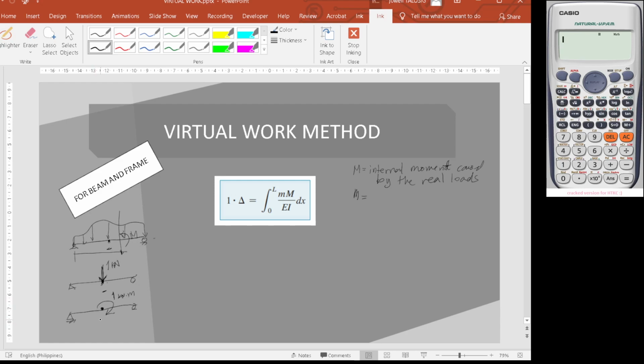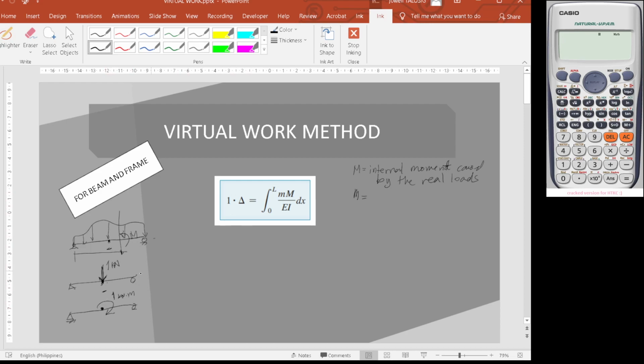And if you're going to solve for rotation, you need to apply a virtual unit moment, not a virtual load. So we have two loads here: vertical load for deflection, and moment for rotation. Apply it at the point where you're going to solve for the deflection or rotation.